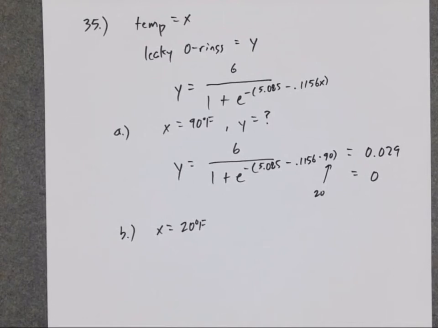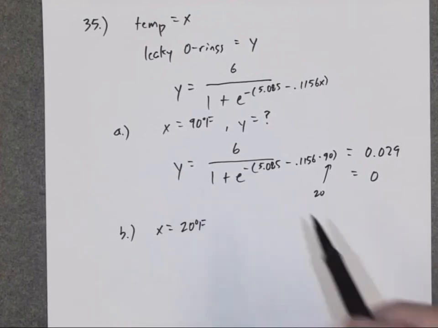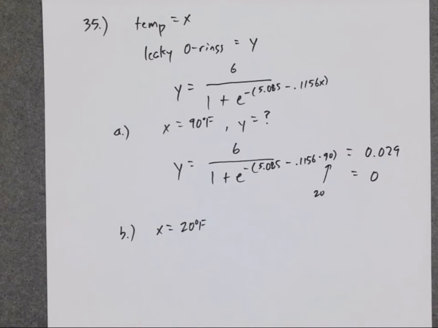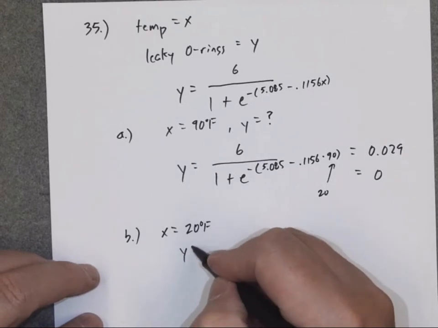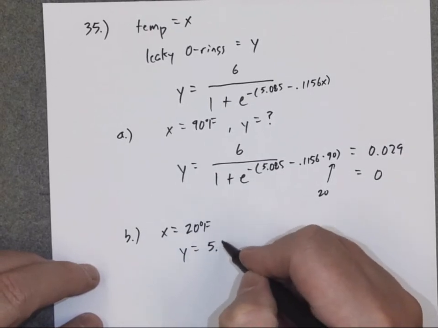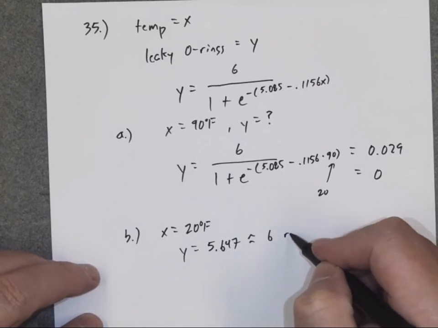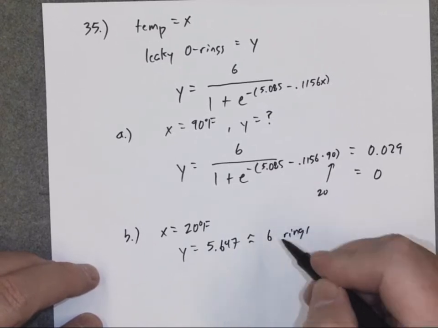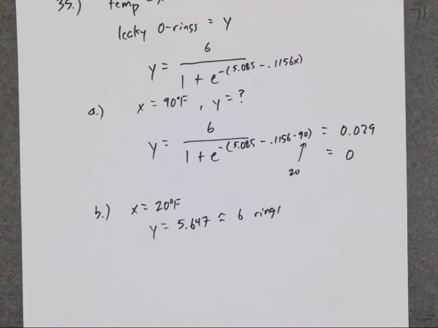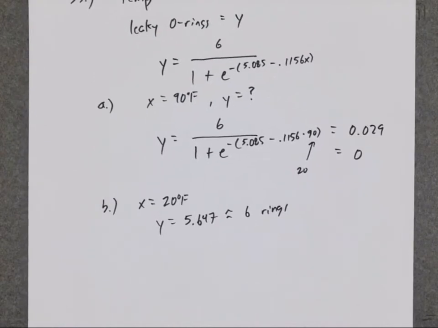Then that whole thing is made negative. And then e, plus 1, that goes in the bottom, times 6. I get 5.647, which if I round it, looks like it's saying we're going to have 6 leaky O-rings.